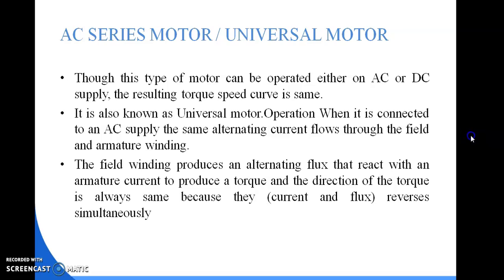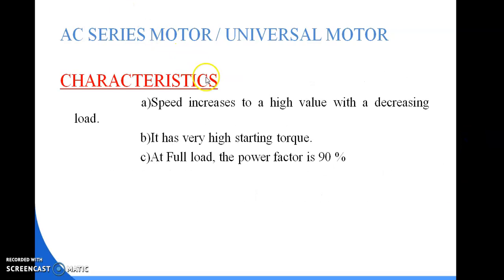Now coming to the characteristics of the universal motor. The speed increases to a high value with a decreasing load. So we can say if the load on an AC motor or universal motor is decreased, then its speed will increase to a high value. Note it down. Secondly, it has very high starting torque.